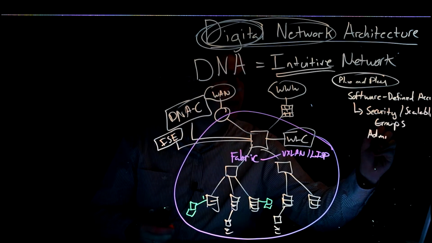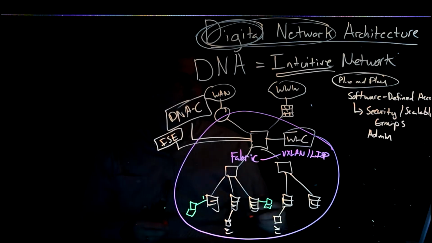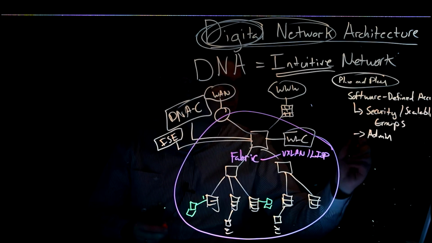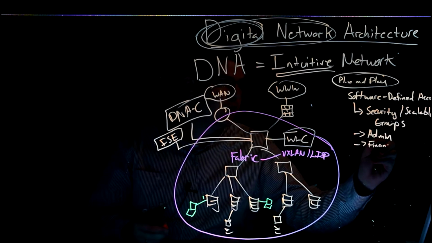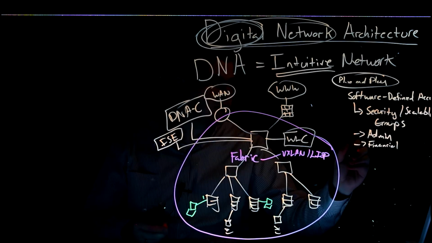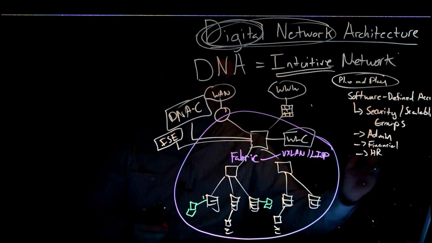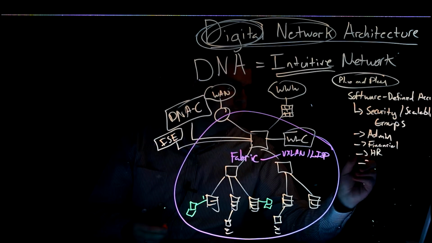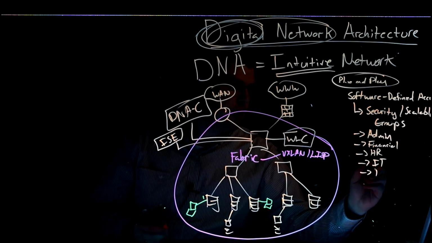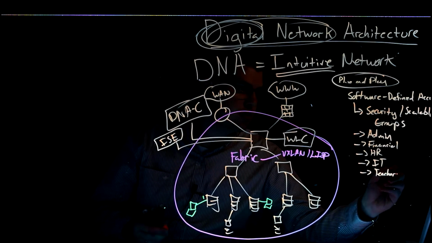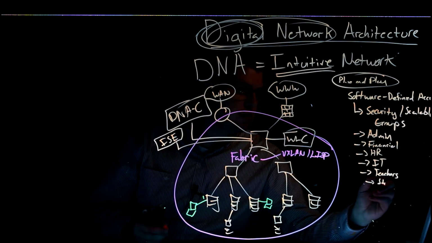Well, I've got admin at my office, so they're going to get assigned a group. I've got the financial people. They're going to get assigned a group. I've got HR. I've got the IT staff. Maybe I'm a school. I've got teachers. I've got students.